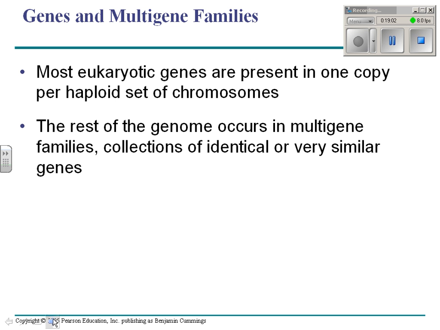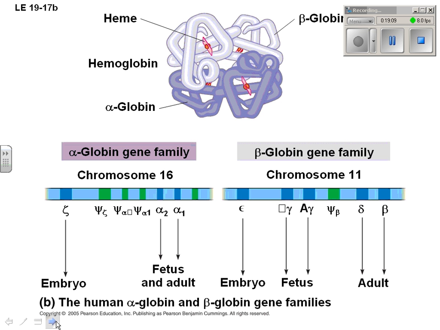Okay, there are things called multi-gene families. The globin genes. Hemoglobin is made of two different chains of protein, alpha globin and beta globin, and they look very similar. They have essentially the same DNA sequence. But you see they're located on two different chromosomes.